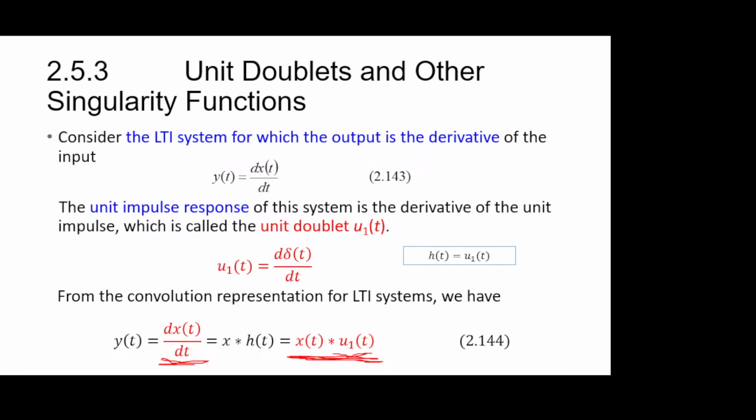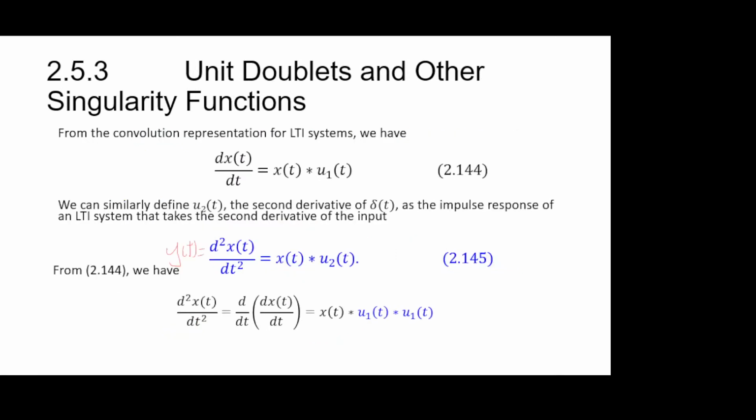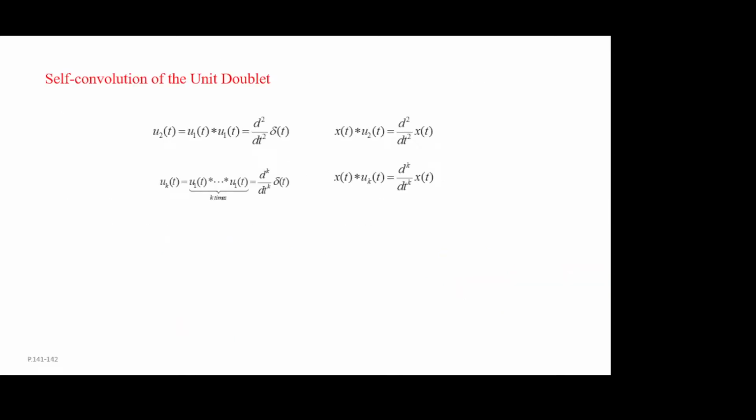So just like what we did here, we should have u2 of t equal to the twice derivative of delta of t, because you put delta of t into the system. So we derive that the twice derivative of delta of t equals u1 of t convolved with u1 of t. Okay, this is what we have here.